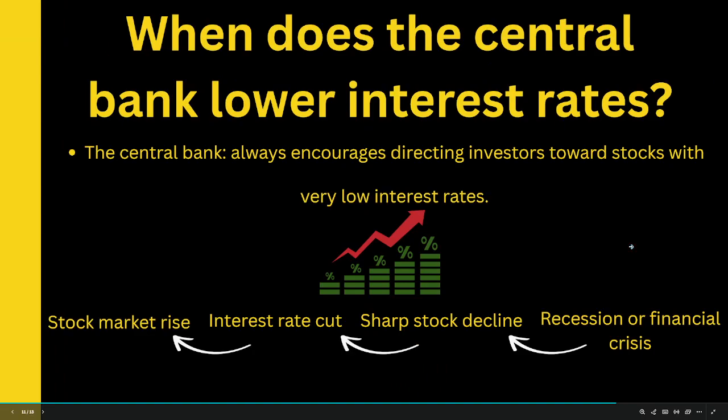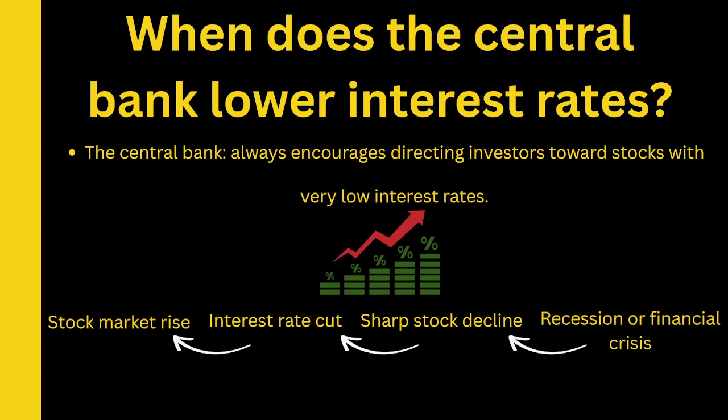You'll also need to know, when does the central bank lower interest rates? The central bank always encourages directing investors towards stocks with very low interest rates. So when a country is experiencing recession or financial crisis, this usually causes a sharp stock decline. And in order to fix that, the central banks and the governments decide to cut interest rates, which makes the stock markets rise back again.